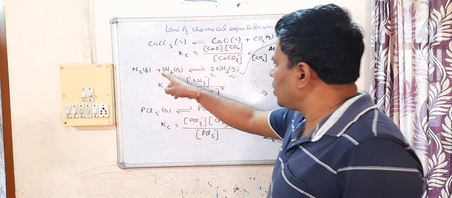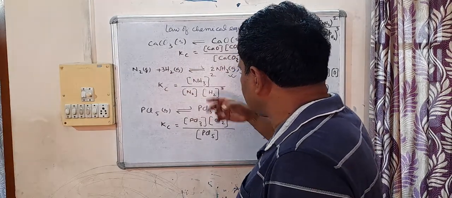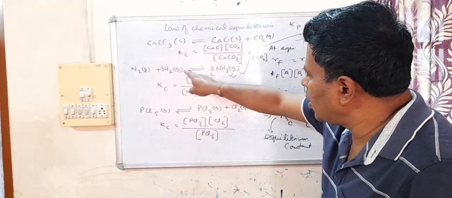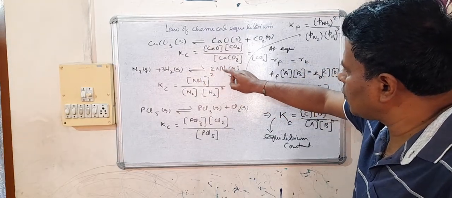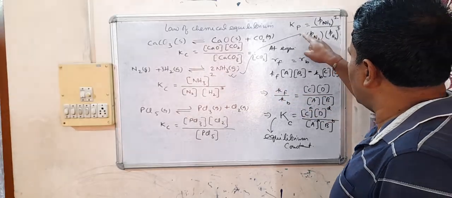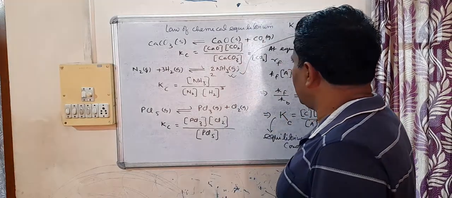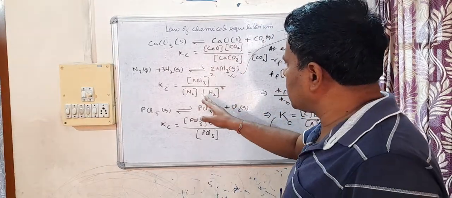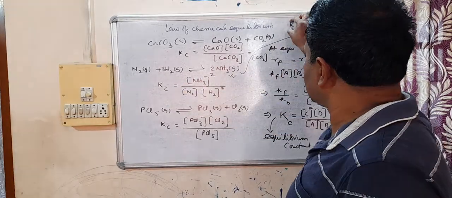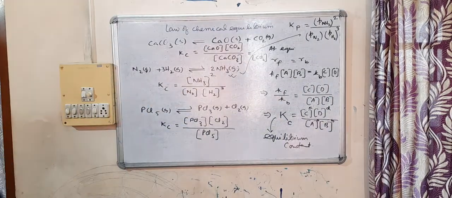If we express in terms of molar concentration, then this is Kc. If we express the concentration of reactants and products in terms of their partial pressure, then we have Kp. Next we will try to get the relationship between Kp and Kc.